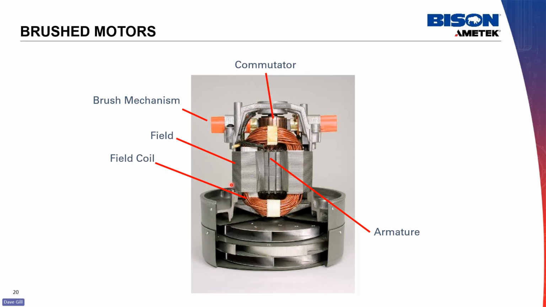Here's the stator or the field. This is the core. These are the field windings. Okay, and the field windings connect to the outside world, the battery or the wall, and the other side of the field coil attaches to the brushes. So that's how a series universal brush motor goes together.